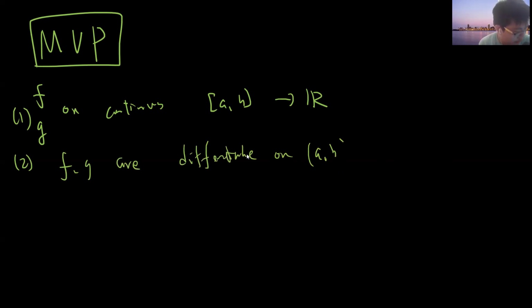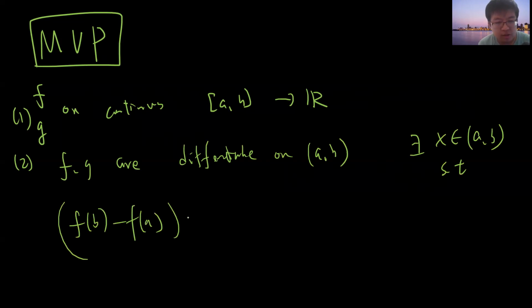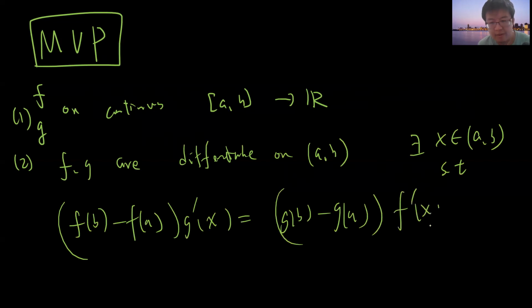This is the setting. Then there exists a point x belonging to (a,b) such that (f of b minus f of a) times g prime of x is the same as (g of b minus g of a) times f prime of x. Okay, old school problem. This is the theorem called the mean value theorem. So, proof.